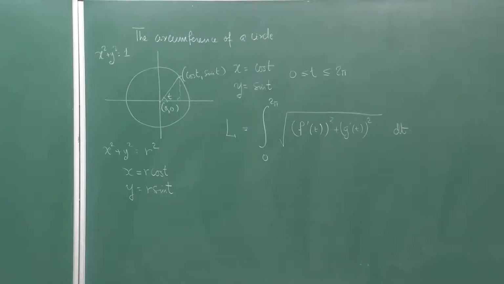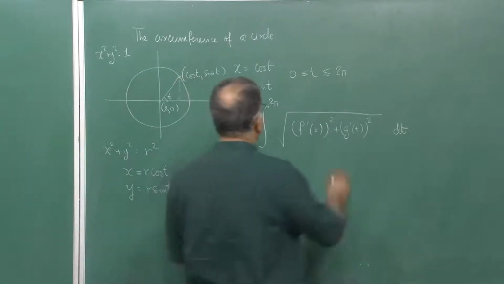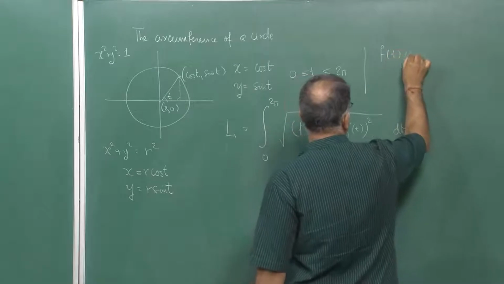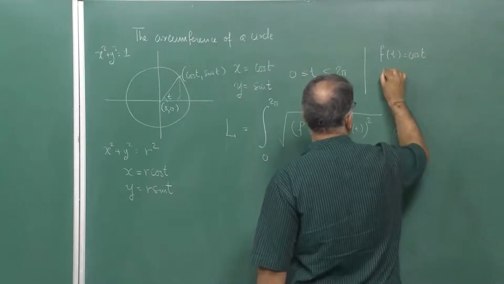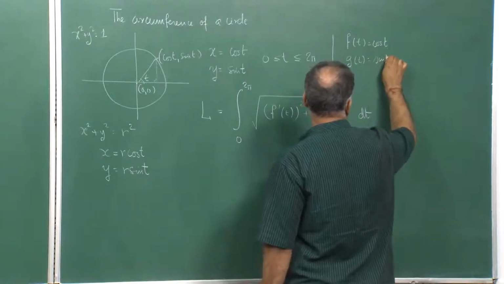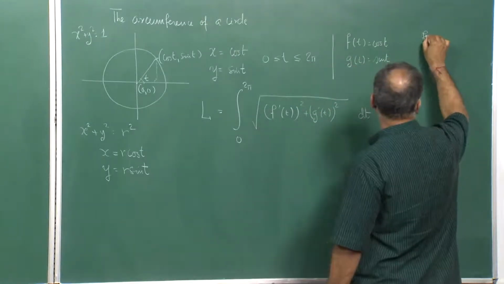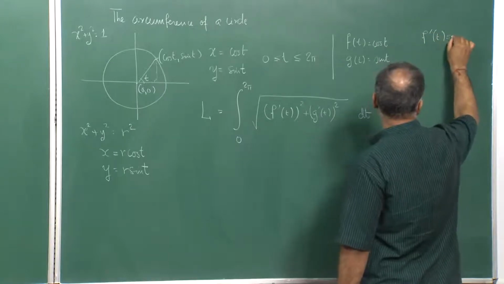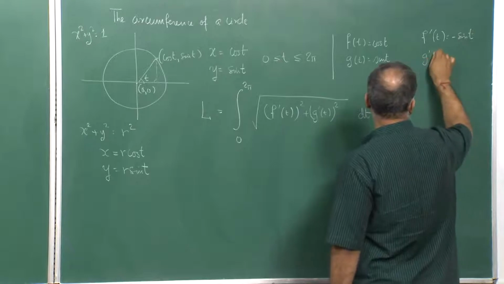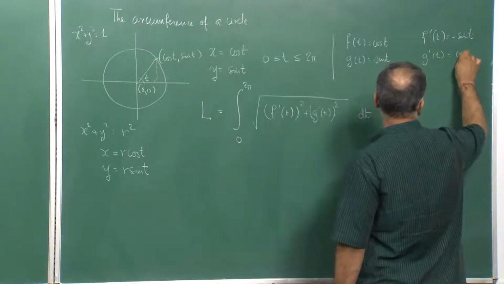Now, if I look at this situation, what is my f dash t? In this particular case, my f t is equal to cos of t and g t is equal to sin of t. So, here f dash t is equal to minus sin of t and g dash t is equal to cos of t.